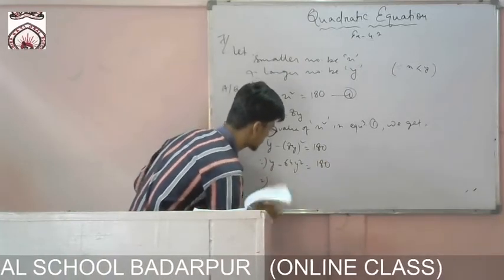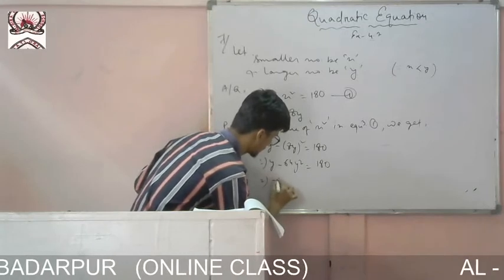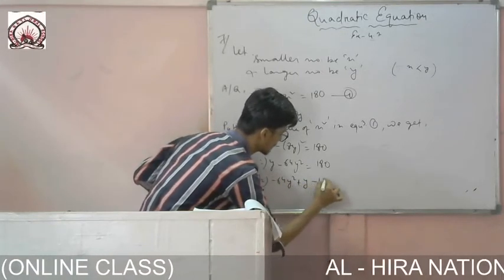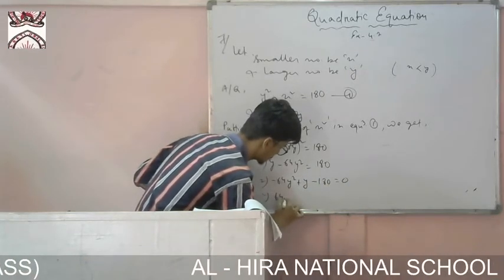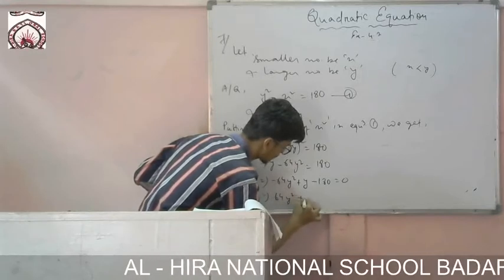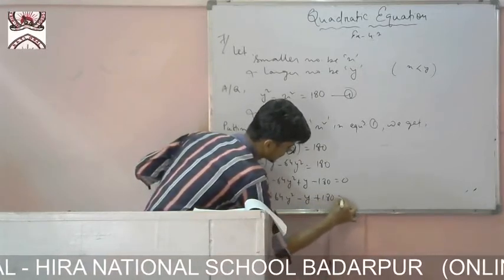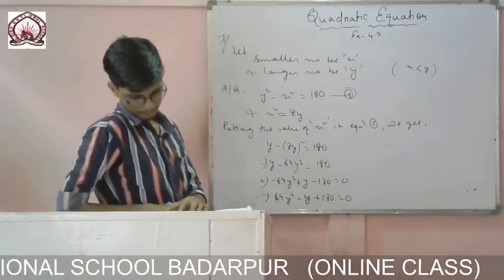So if I arrange it, minus 64y squared plus y minus 180 equals to 0. If I make it positive, it will be 64y squared minus y plus 180 equals to 0.